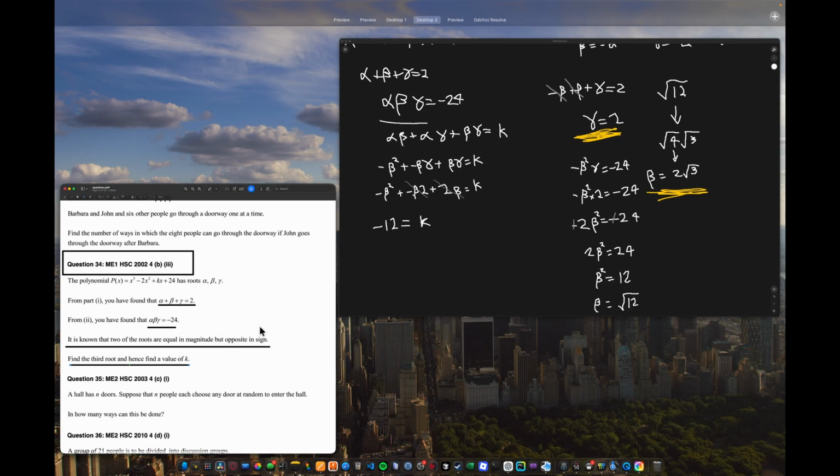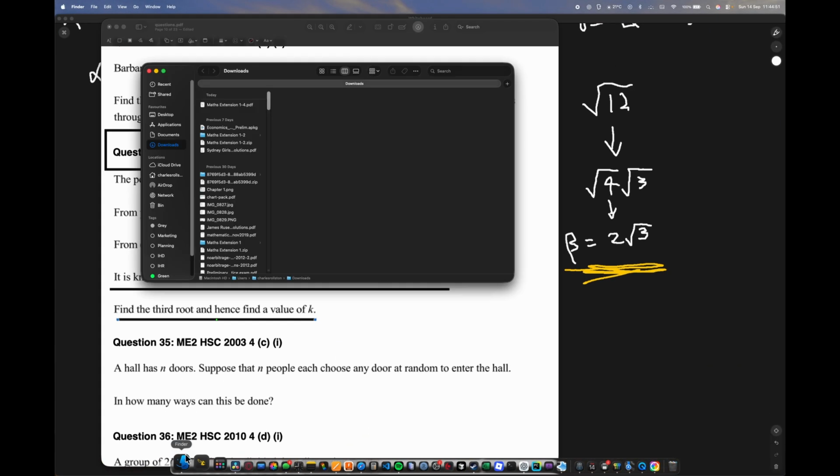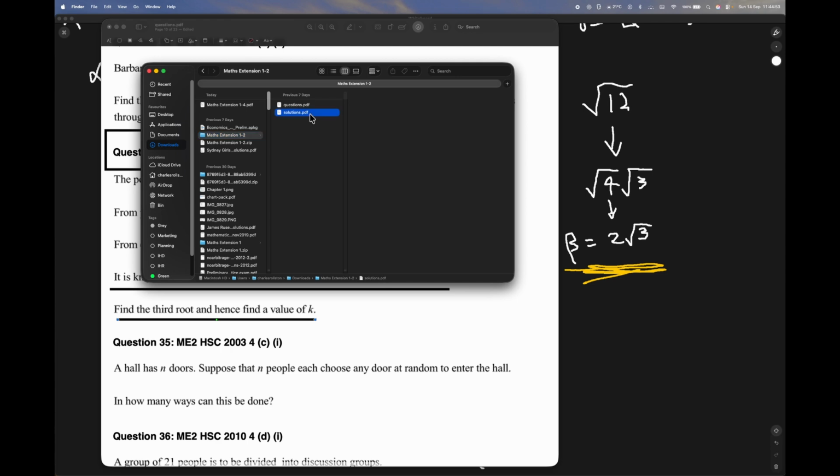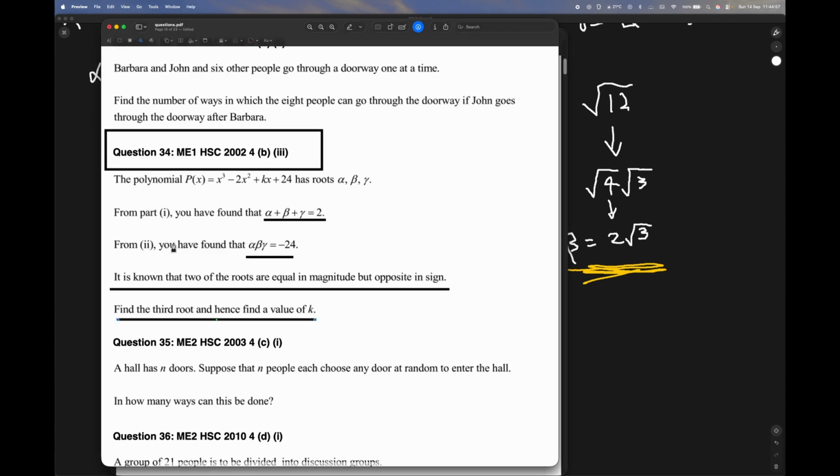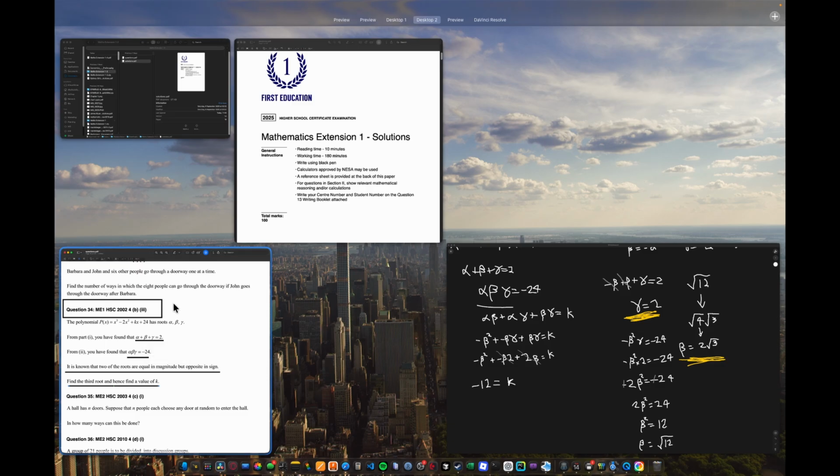Let's check our solutions. What question was this? This was question 34.